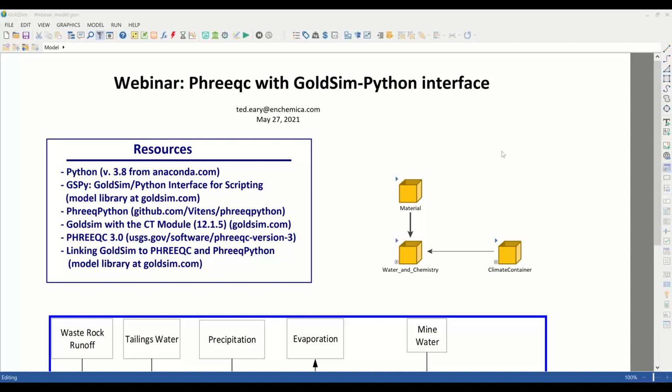And this particular example actually has both the Python approach and the C++ approach, and they are applied to exactly the same model. So you can see the differences between those two approaches if you want to go into detail on how to do the linkage.